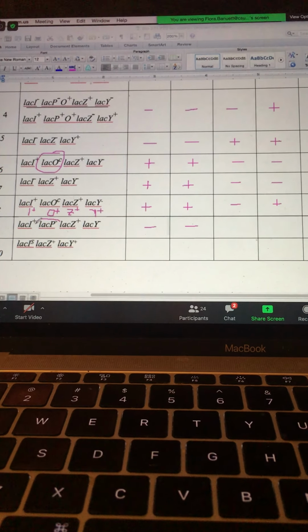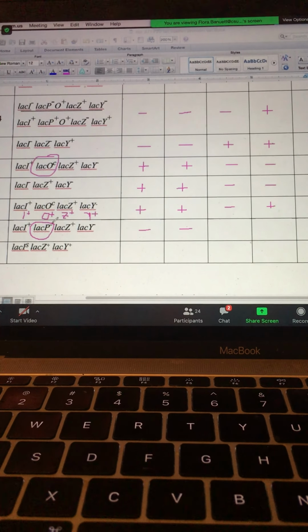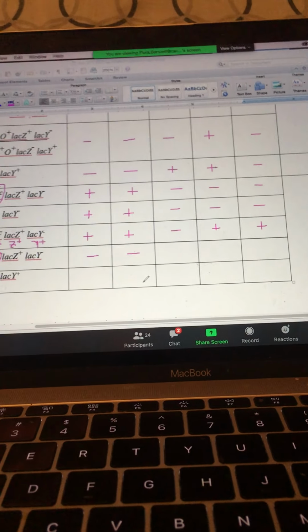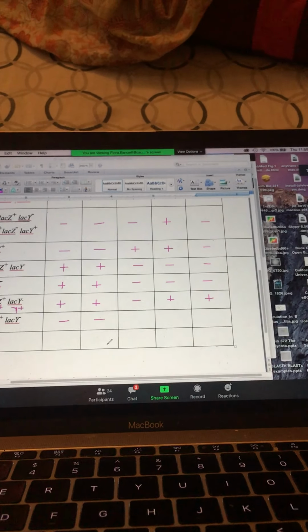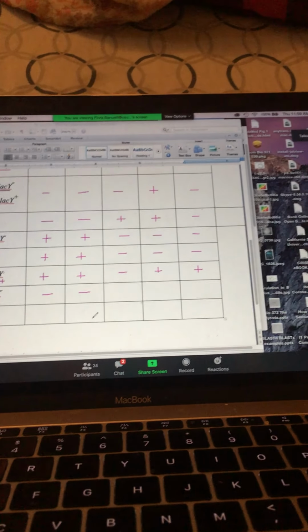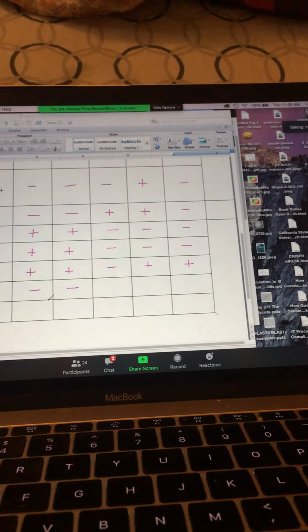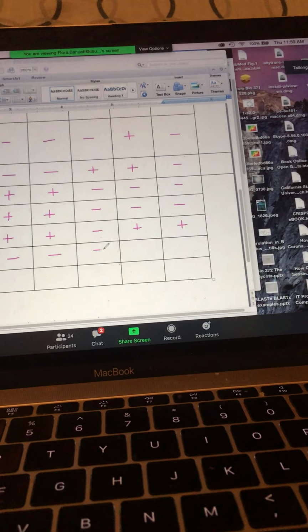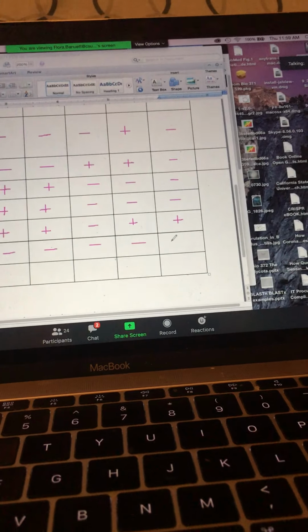Because look at the promoter. Yeah, the promoter. What is the function of the promoter? That's where the RNA polymerase binds. Do you have a promoter? No, you don't. So are you able to express anything here? No, so it'll be minus minus. Genes are turned off for this one.